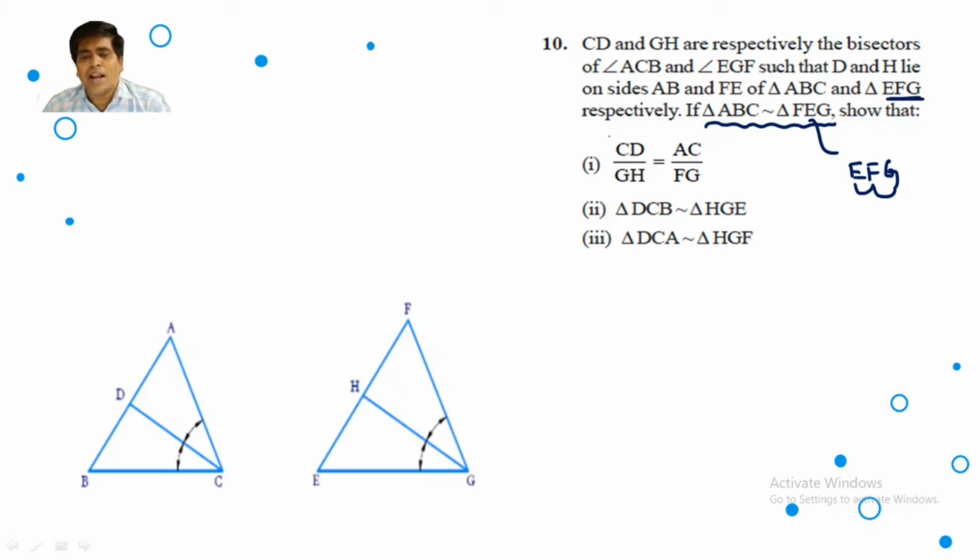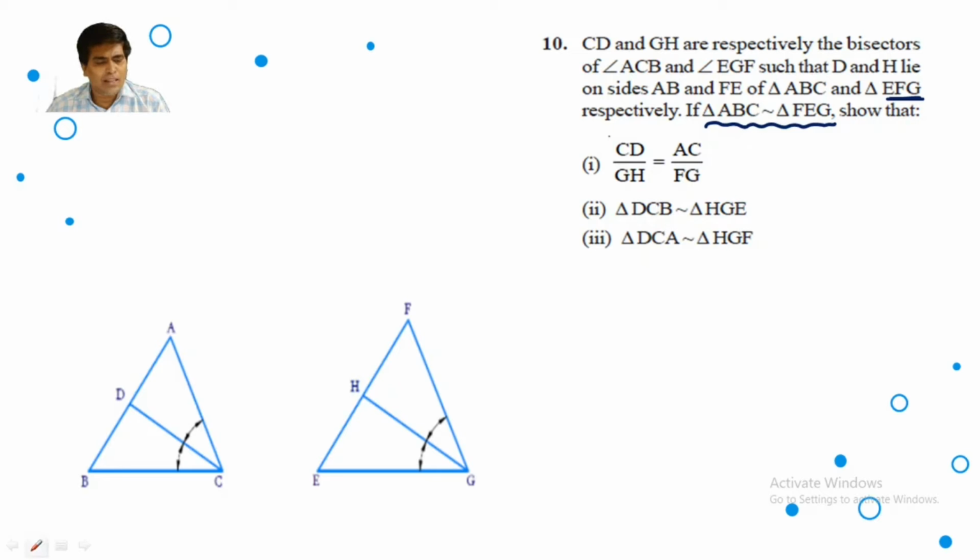Look at these two triangles, EFG and FEG. Both are different triangles. It is the same triangle, but the order is important. When similarity comes, order is important. So please notice this one, that is triangle FEG. Now these two triangles are similar.